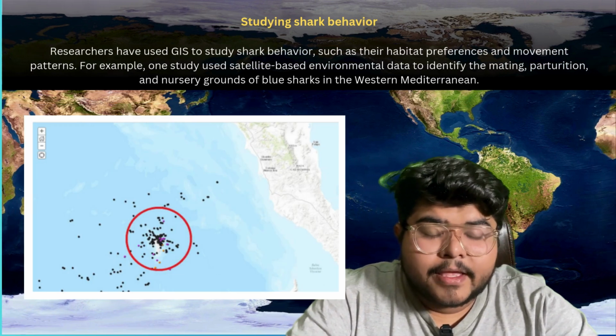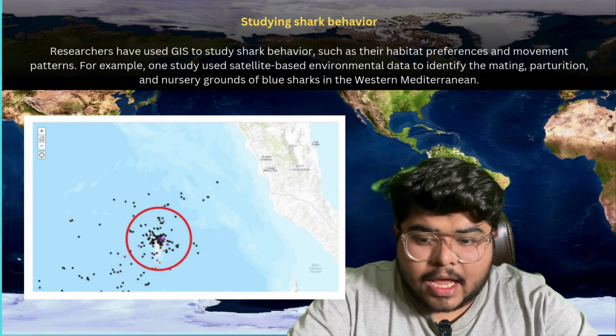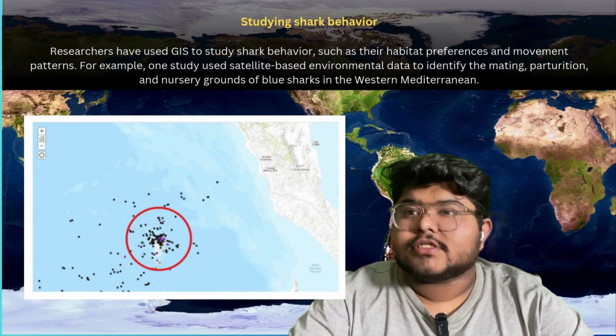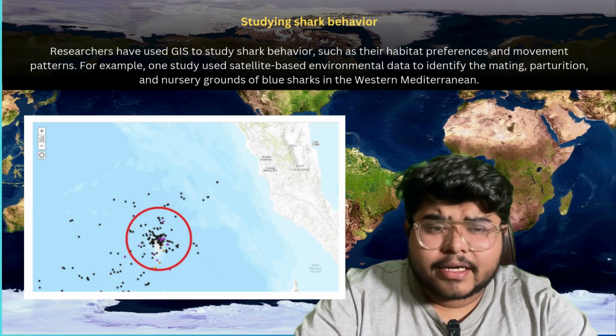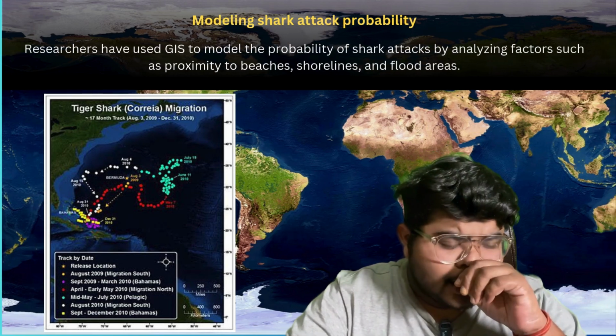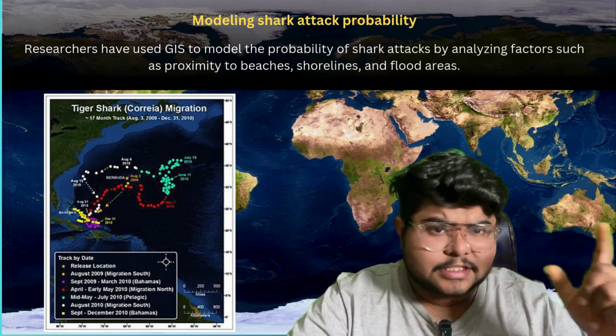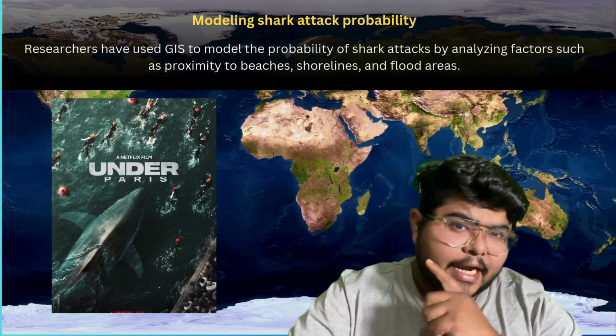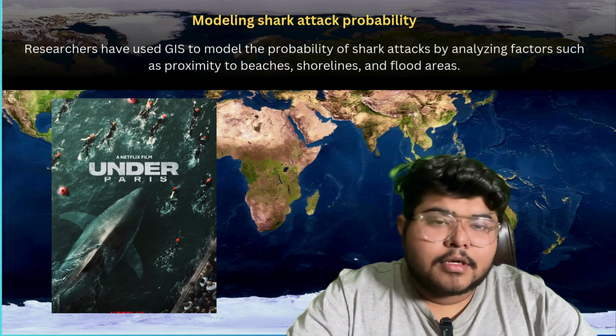I was referring to this because it has been done, and I have read some articles on it as well, and I have seen a movie. I don't remember the movie name. I'll check, and if possible, I'll attach it in the background.